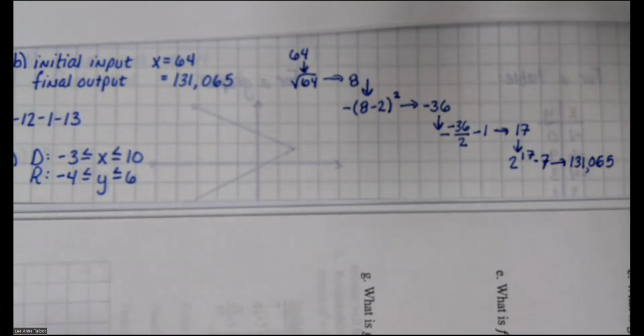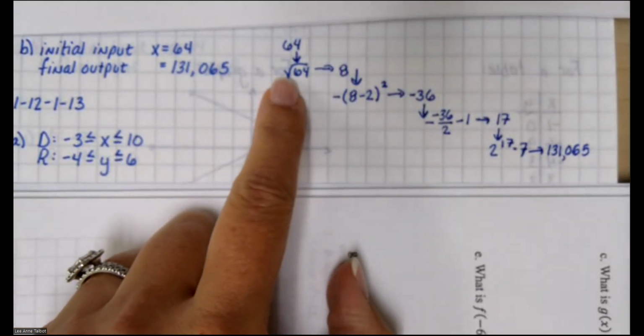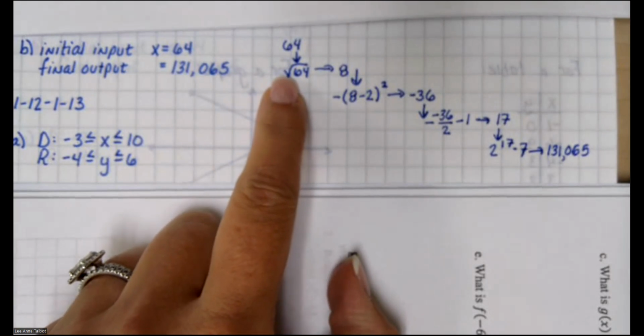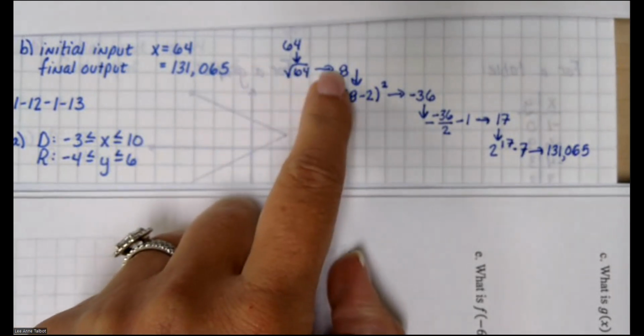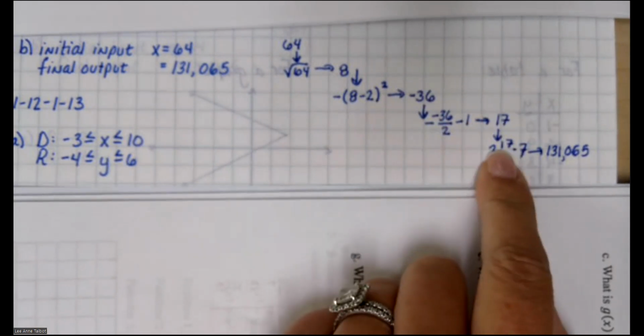Okay. You guys see what my first period was calling this, a chain reaction. So 64 goes in, 8 drops down, 36 drops down, 17 drops down.